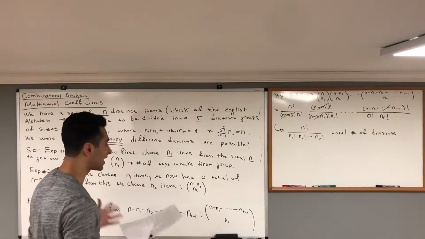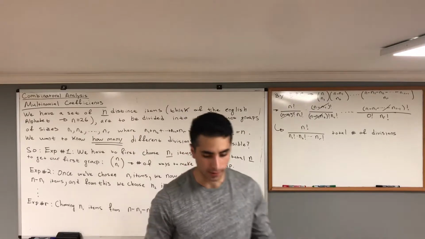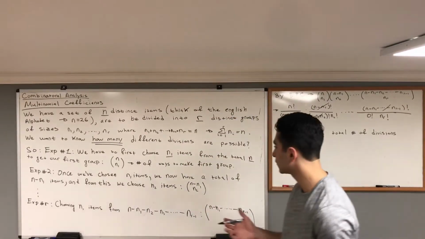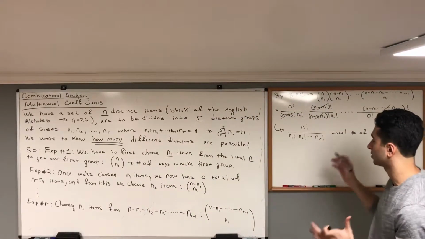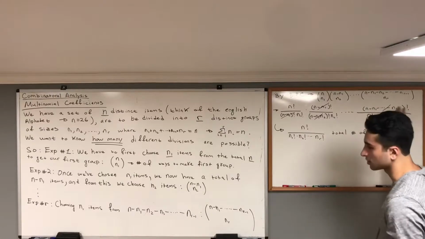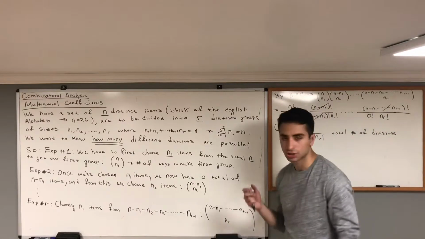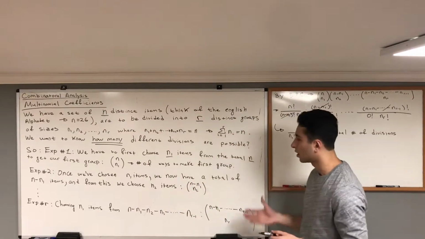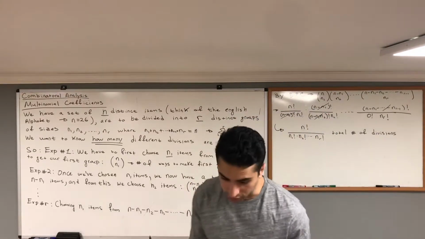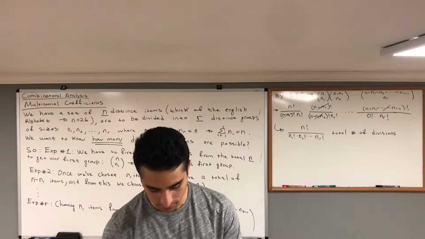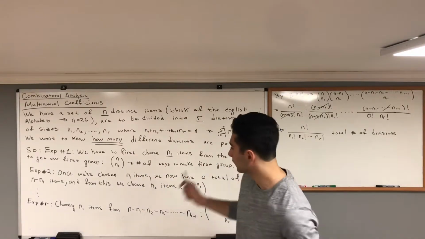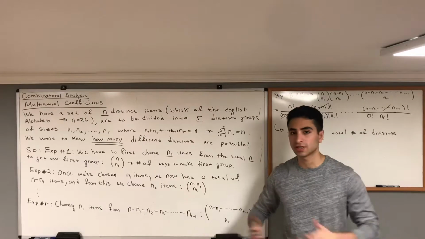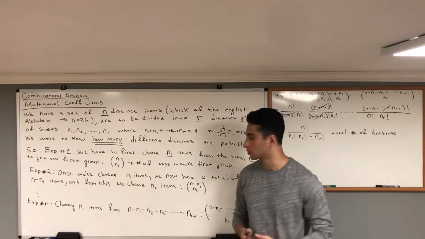Okay, so that was a lot of theory. And if this confused you and if it's too much abstraction, I know there's no numbers in here except the 0. But try to think of the English alphabet, try to think of the letters, and see if you could fill this out on your own. We'll be doing a lot of examples with numbers right now, so be relieved. But if you didn't understand this, please leave a comment and I'll try to get back to you.